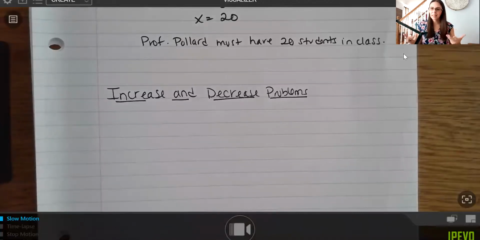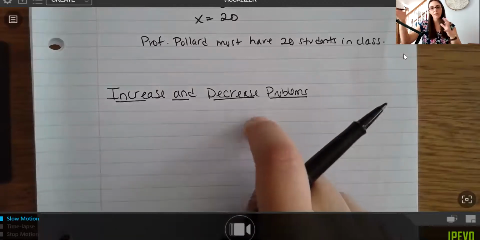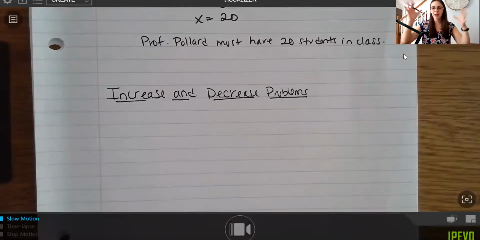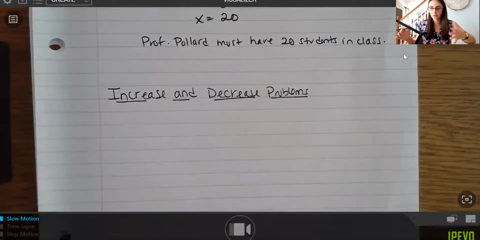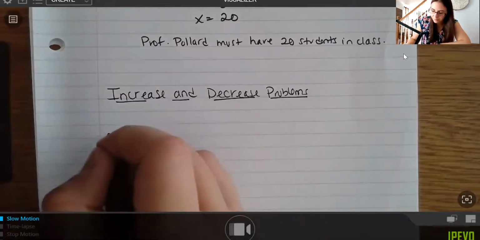So what's happening in an increase problem is that your final amount overall is going to be bigger than your base. There's a couple of different ways to solve these increase problems, so I'll wait to do some examples, but overall you're kind of having the fact that from the starting point to the next point, you're growing. Whereas with a decrease, obviously you're decreasing, right? So you're going from a larger amount to a smaller amount. So let's look at an example first, and then we'll kind of go through some formal setup there.